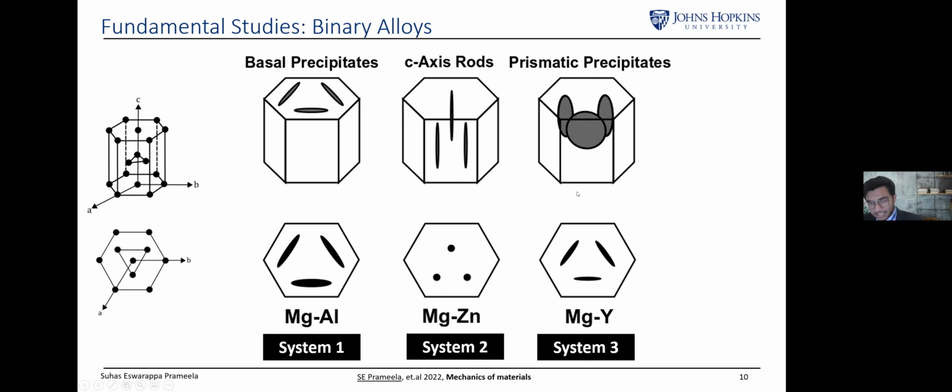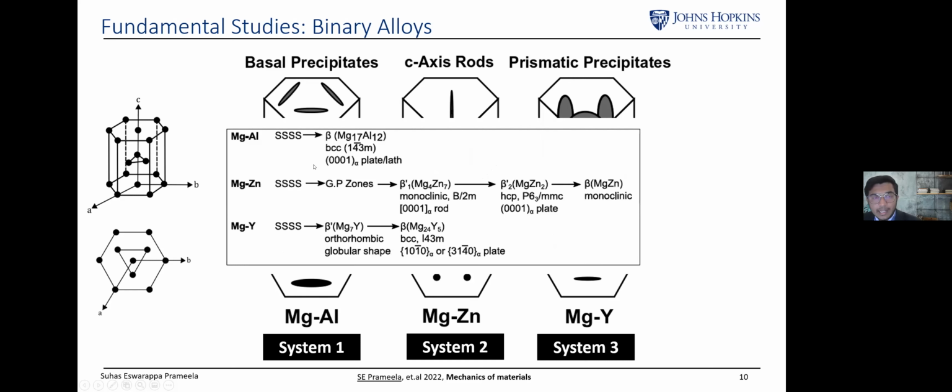And you can immediately see, just in terms of precipitation strengthening, that the systems are going to give you a little bit different strengthening, depending on how many precipitates there are and so on and so forth, right? And briefly, if someone is interested in some of these phase transformation pathways, I list them here. And especially for magnesium-zinc and magnesium-yttrium, you can see that they're fairly complex, even beyond what I've listed here.